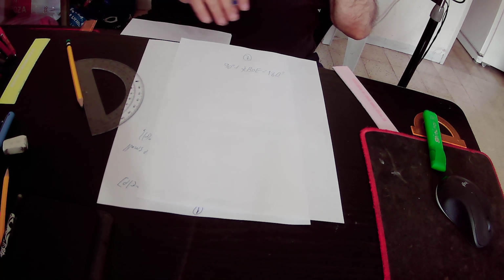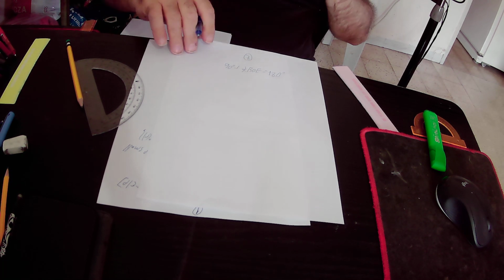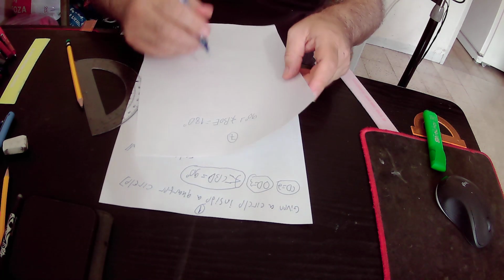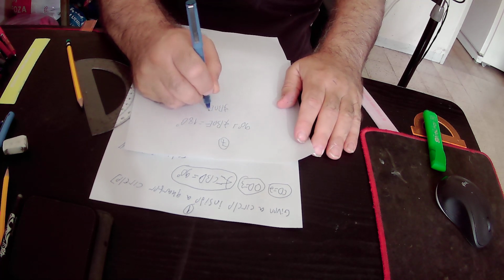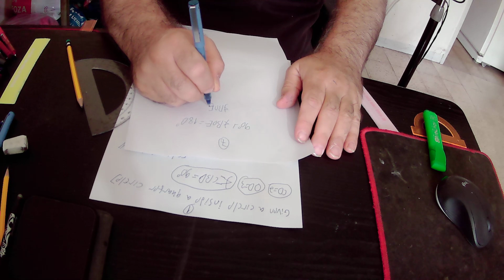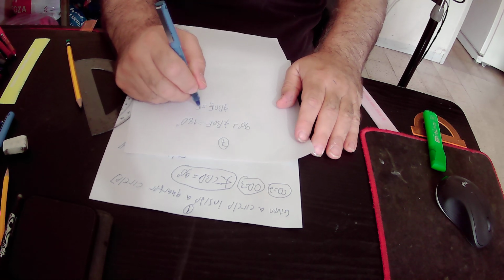Okay, so from this equality we will subtract 90 degrees and we will get that angle BOE equals 180 degrees minus 90 degrees, which is 90 degrees.